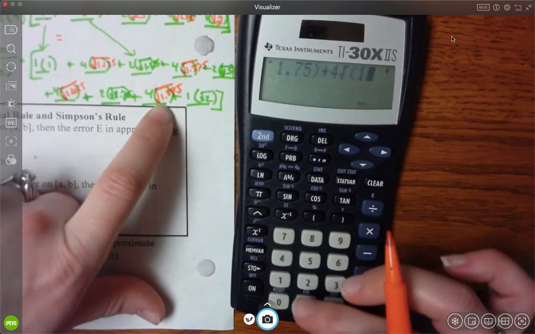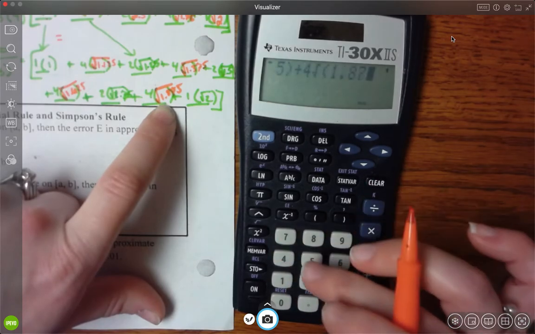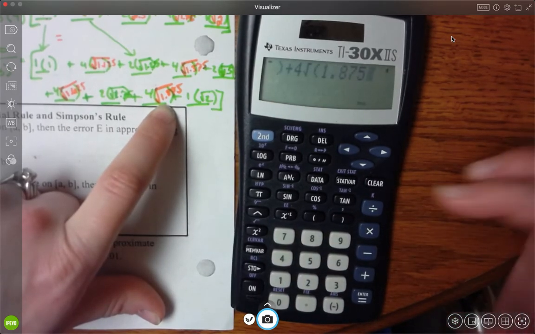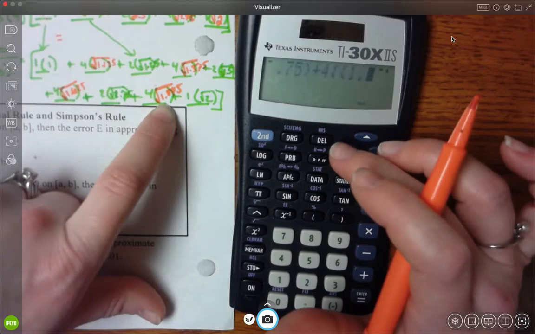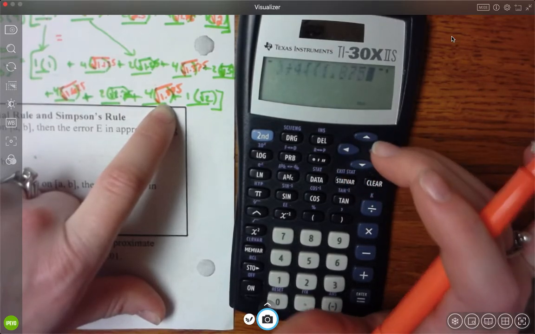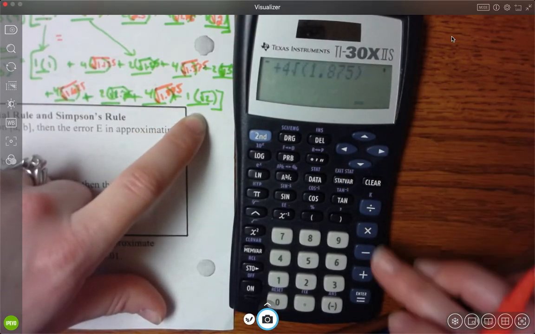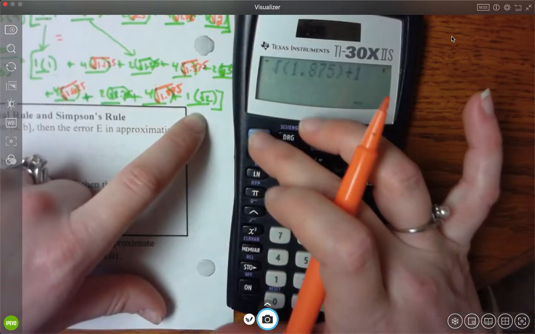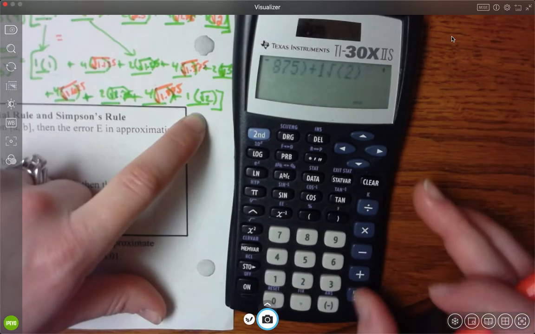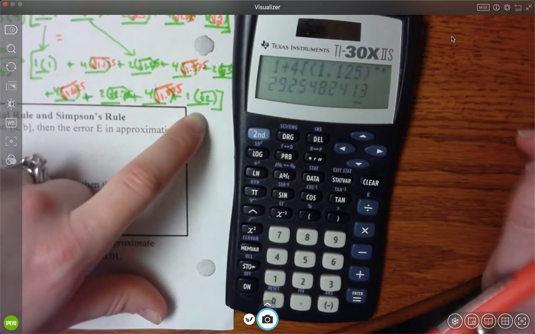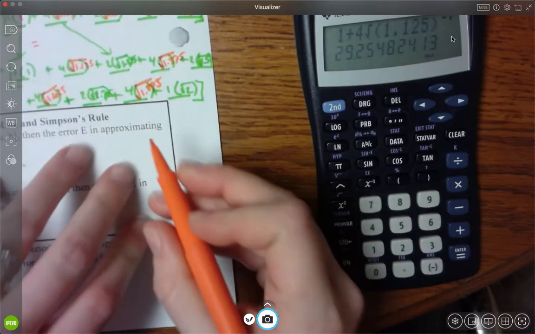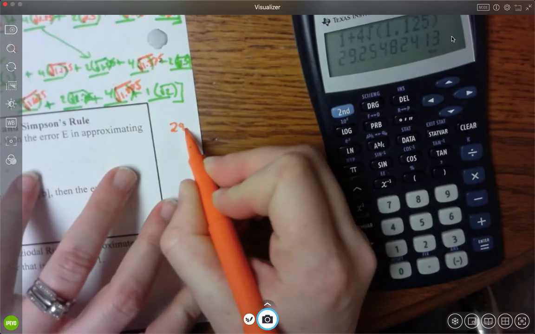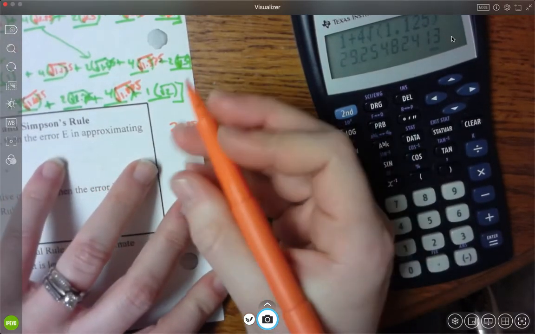Oh my gosh, are we about done yet? 1.875. And the last one is plus 1 times the square root of 2. That's what it is. Okay, and finally, 29.25 and some change, whatever that is.